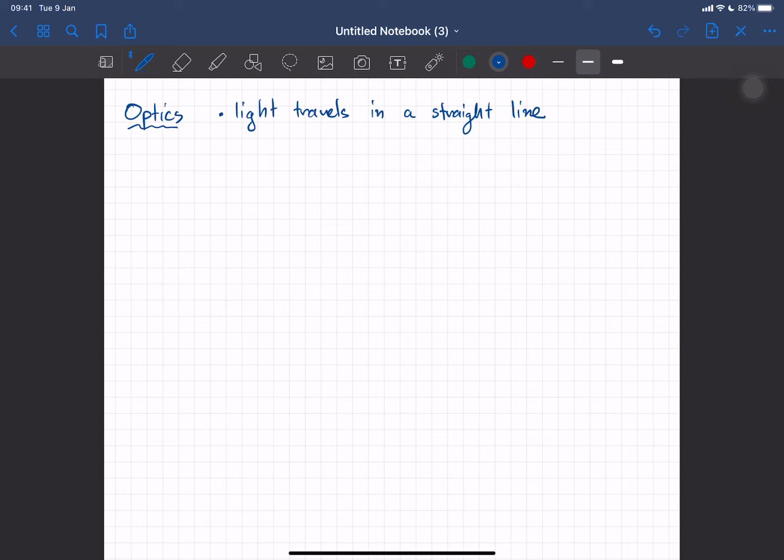And we're gonna talk about how light changes direction when it goes into different media or at the surface or something like that. So the first thing we're going to talk about is how light behaves at the surface.